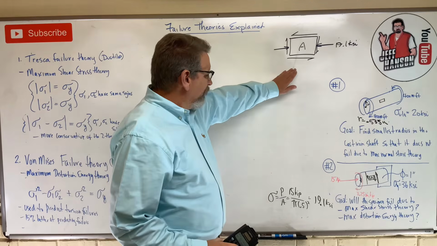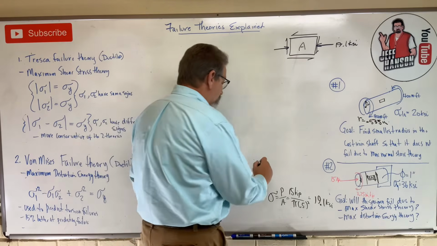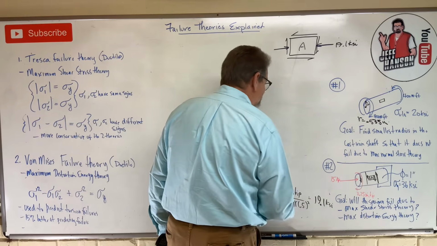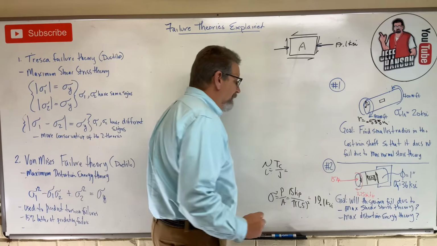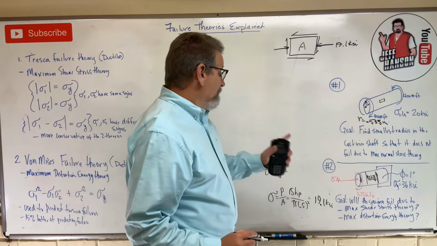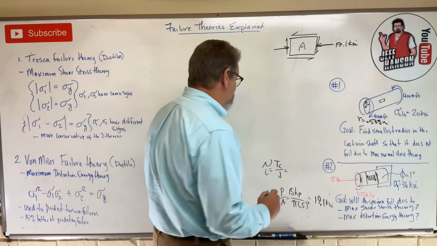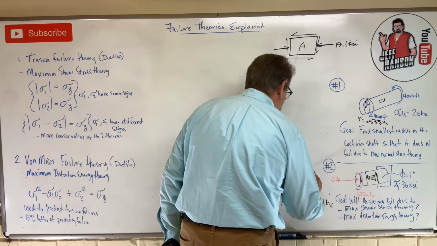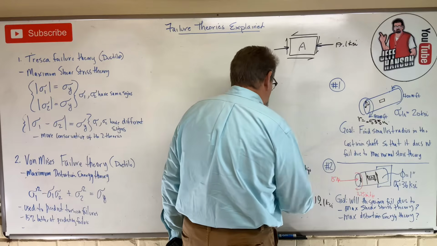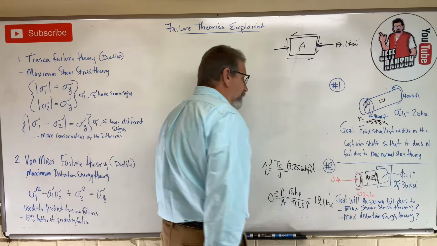So let's figure out what that tau is. Again, this is TC over J. The torque is 3.25 inch kips times C. What is C?